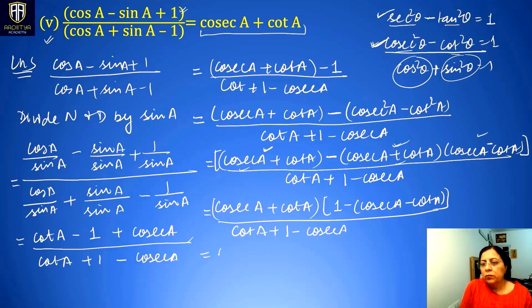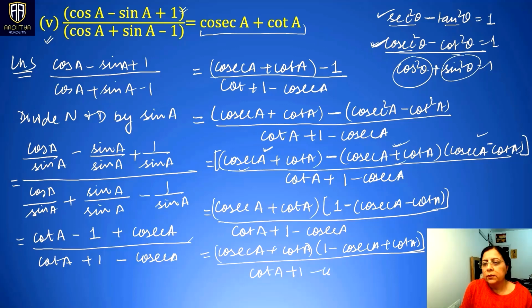So now when we write this as cosec A plus cot A, open this bracket, 1 minus cosec A. When this bracket is preceded by a minus sign, both the signs get reversed. This becomes plus cot A, divided by cot A plus 1 minus cosec A. So you can check here.